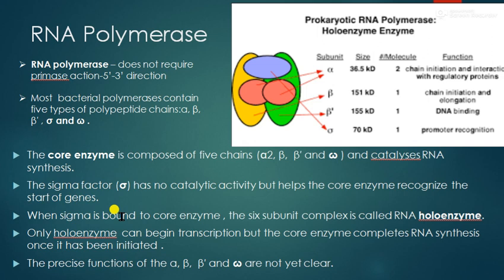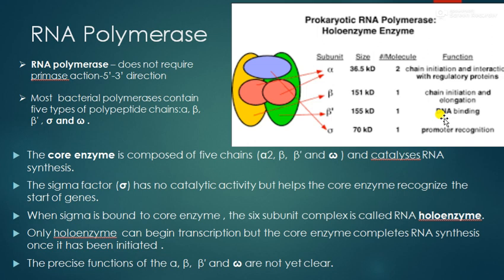And only the holoenzyme can begin the transcription, but the core enzyme completes the RNA synthesis once it has been initiated. So you have different subunits, as I told you, and different subunits have different roles. The core enzyme mainly consists of two alpha subunits, beta, beta dash, and the omega one.